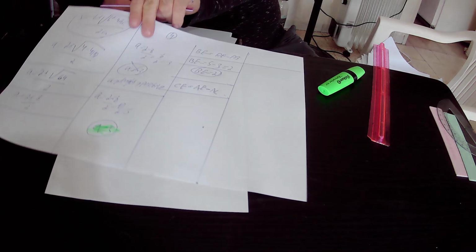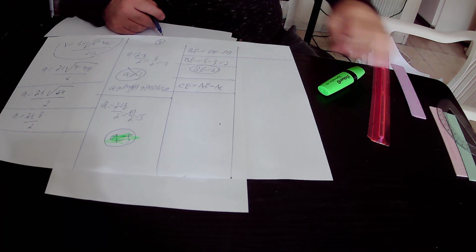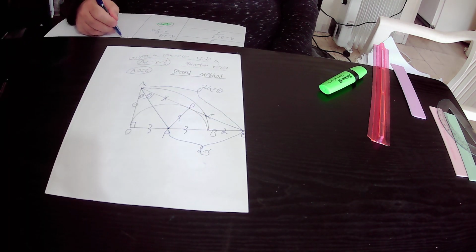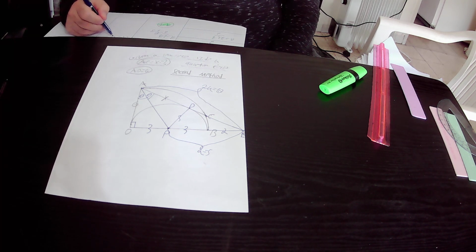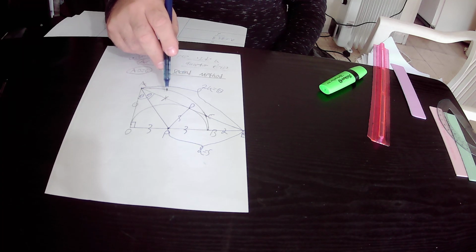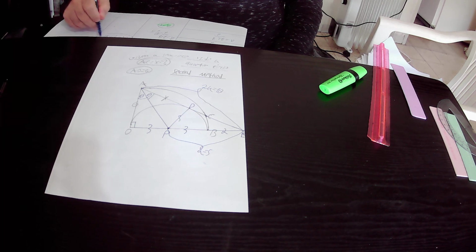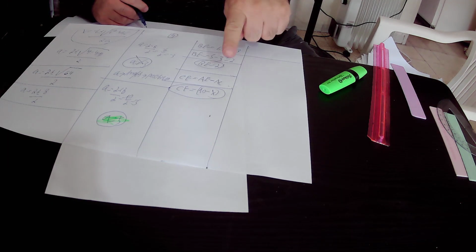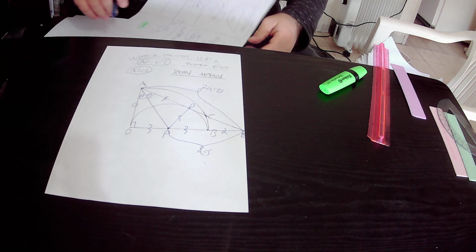I'll repeat again: CE equals AE minus AC. We already found out that AE equals 10 units, and AC is the line segment that we are looking for, that is to say it is equal to X, according to what is given in the question. So in conclusion, CE equals 10 minus X.